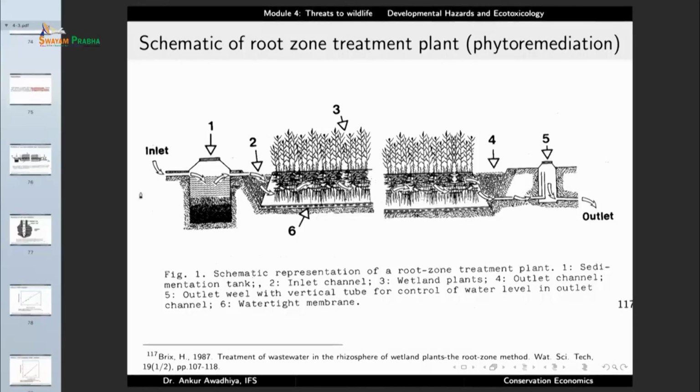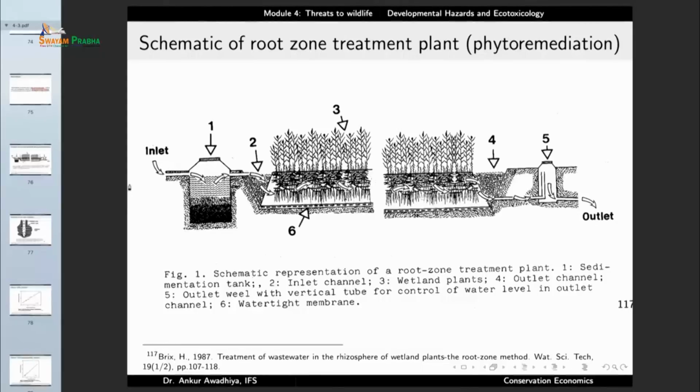So the municipal waste is very high in organic compounds and that may lead to changes in the BOD, or the biological oxygen demand, of the water bodies, which means that so much amount of organic material is put into the water body that it reduces the amount of oxygen that is there in the water body when it gets degraded. Now, to act upon these organic compounds, we can make use of phytoremediation such as root zone treatment.